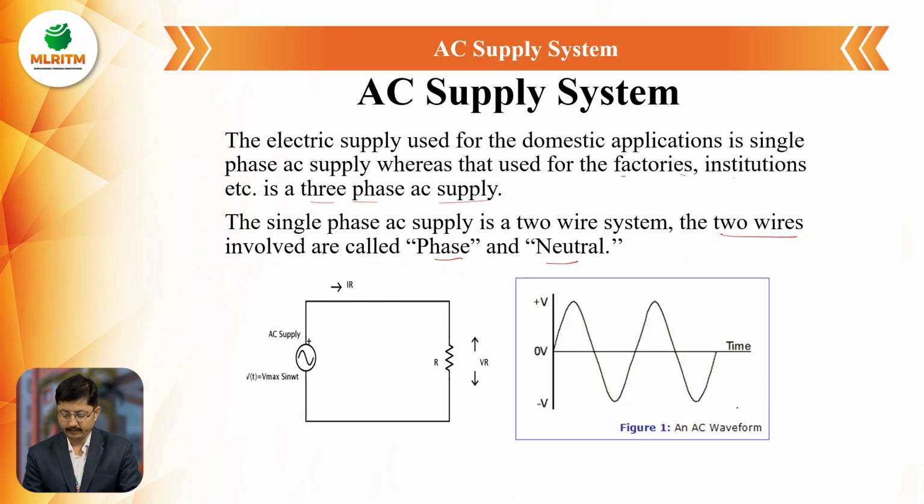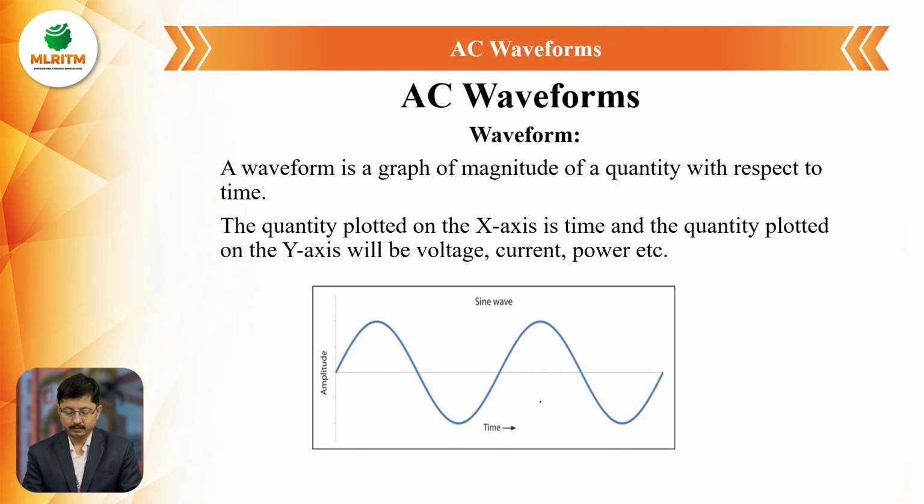In figure 1 we can see an AC waveform. It is alternatingly changing from instant to instant with respect to time. What is the definition of a waveform? A waveform is a graph of the magnitude of a quantity with respect to time.